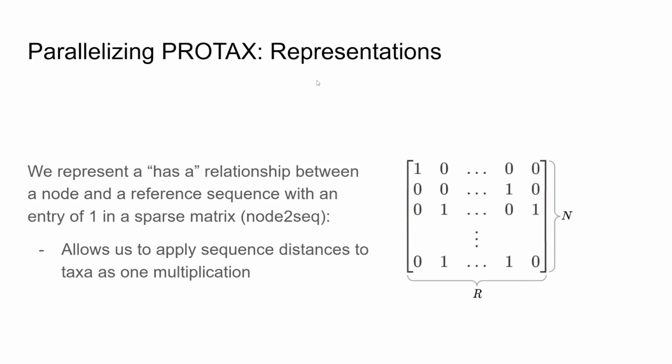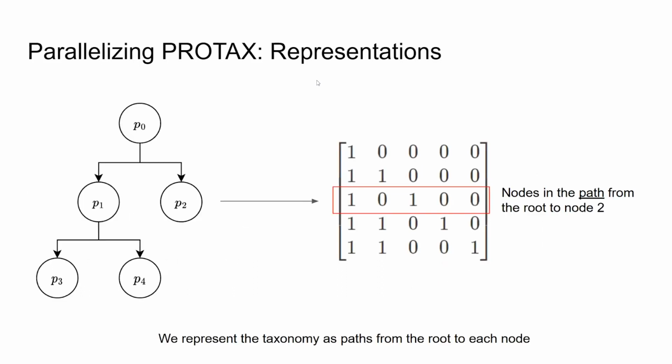And the main reason we have this is that it allows us to apply our sequence distances to our taxa in just one multiplication.